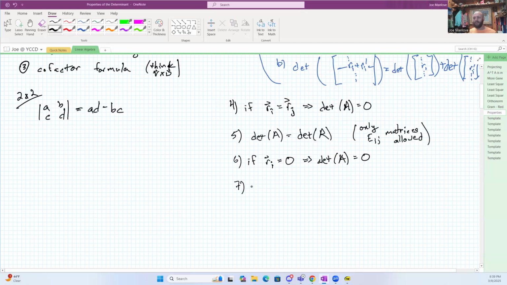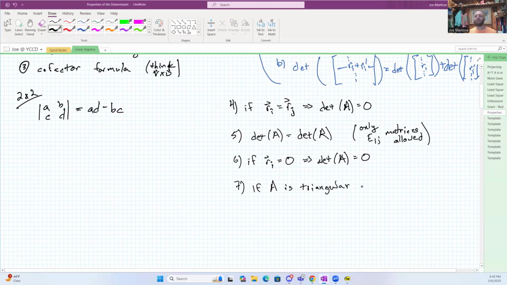Property seven. If my matrix is triangular, right, in either way, either lower or upper, that means it's already row reduced essentially.